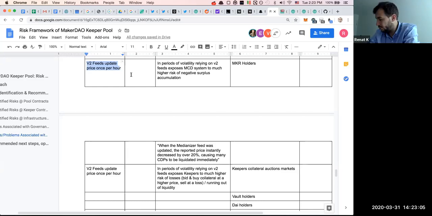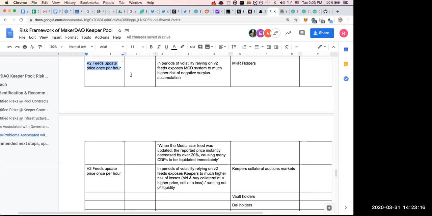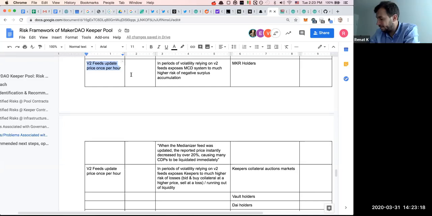Okay, understood. So, and if the contract verifies, okay, yes, indeed, this invocation is legitimate, right? Yes. That happens. When does the 1 hour delay kick in?